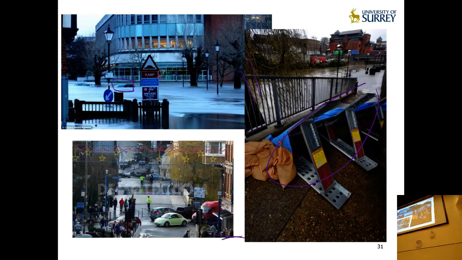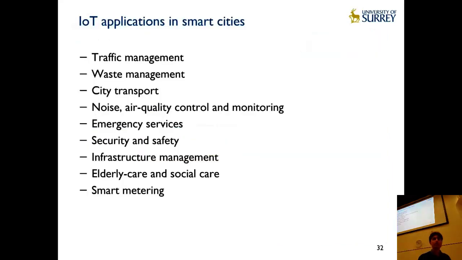Sometimes it's just the information you collect, and the way you process that information, that can help people make better decisions. You can think of various applications of IoT, like in traffic, waste collection, looking at transport, looking at noise and air quality, especially for people with respiratory conditions like asthma, for whom the pollen levels and the air quality level are important when they travel around the city.